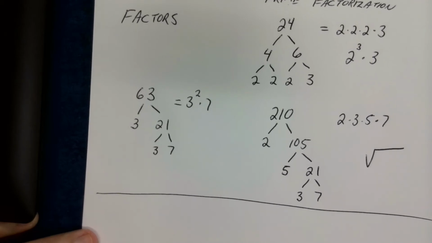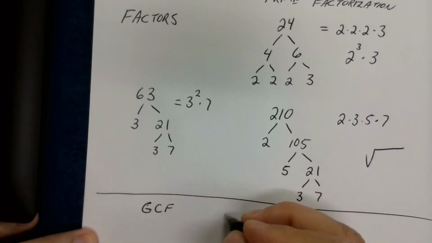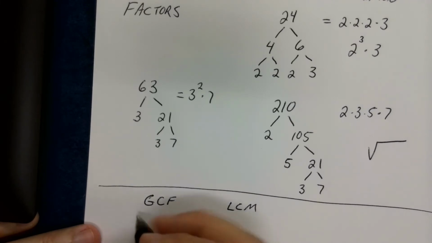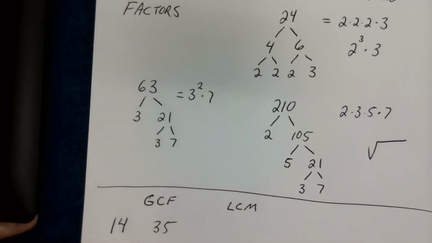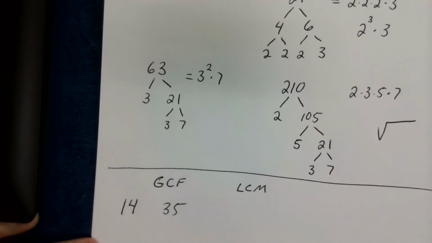So the next thing I want to talk about is how do we factor with something called a GCF or an LCM. Okay, so for GCF, let's say I have the numbers 14 and 35. The greatest common factor is the biggest factor that goes into both of these things.